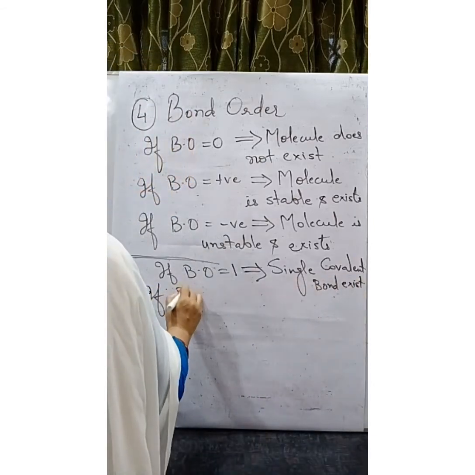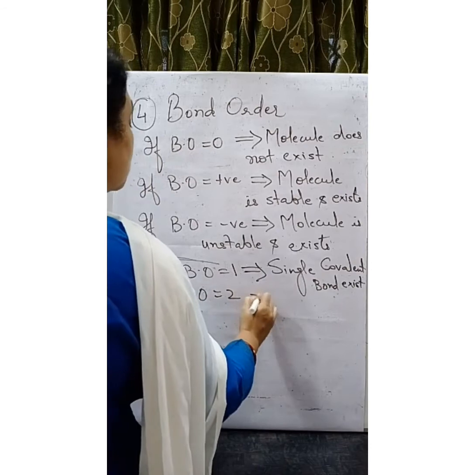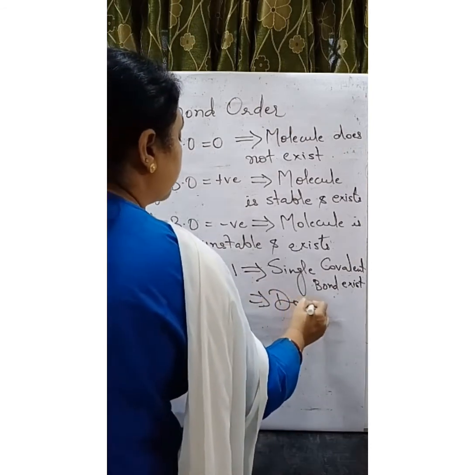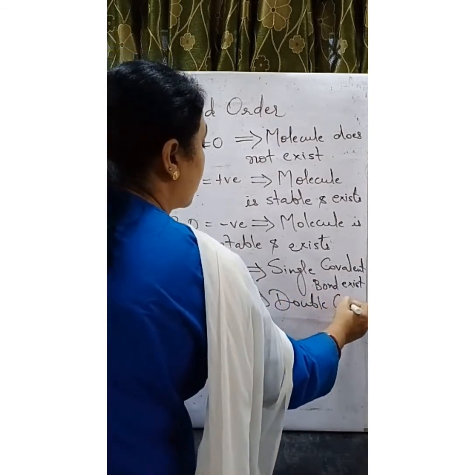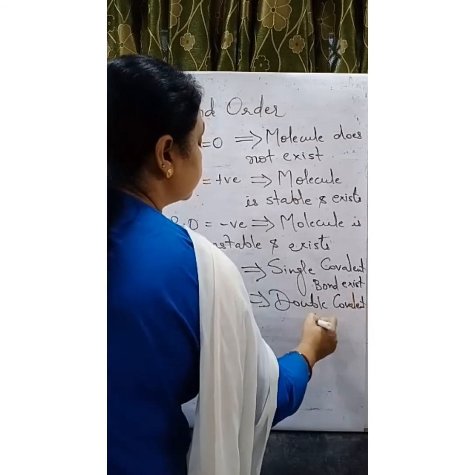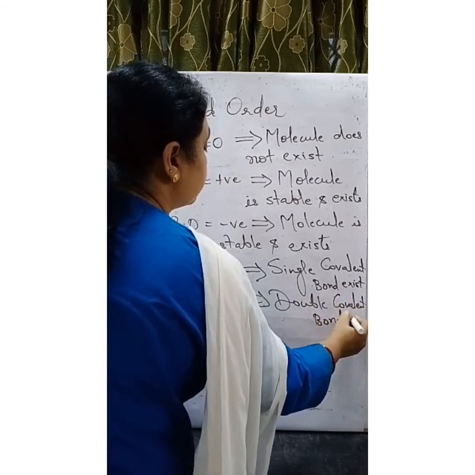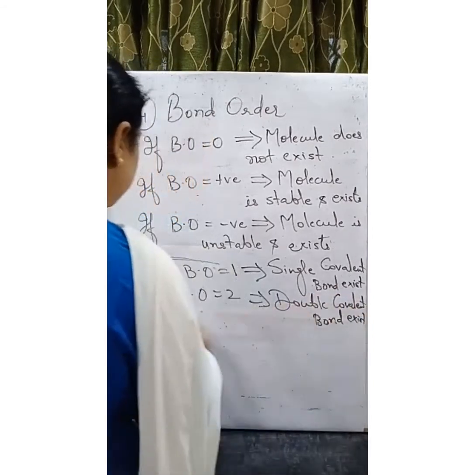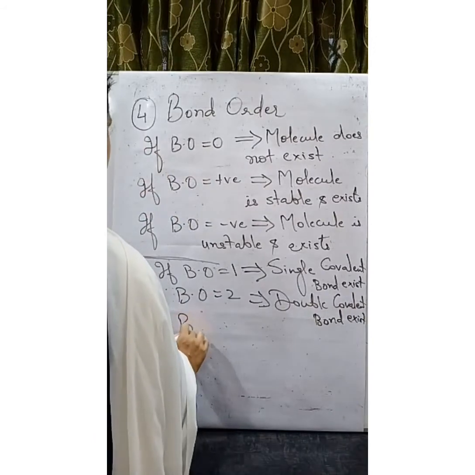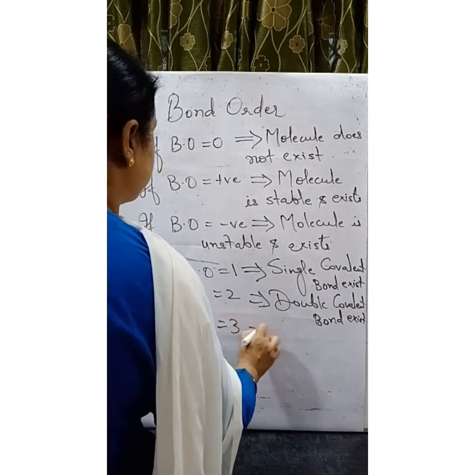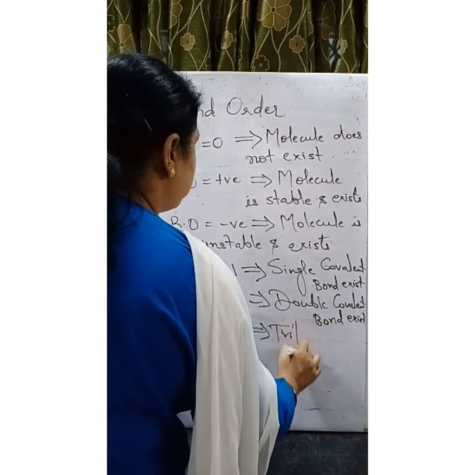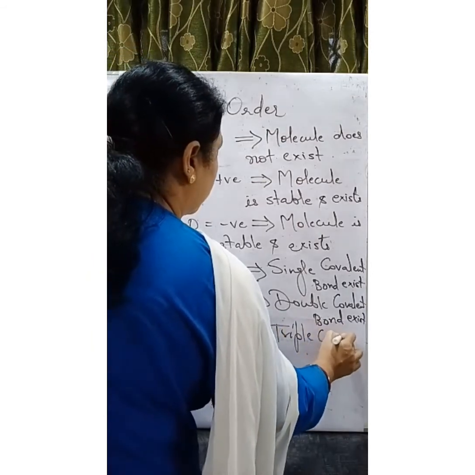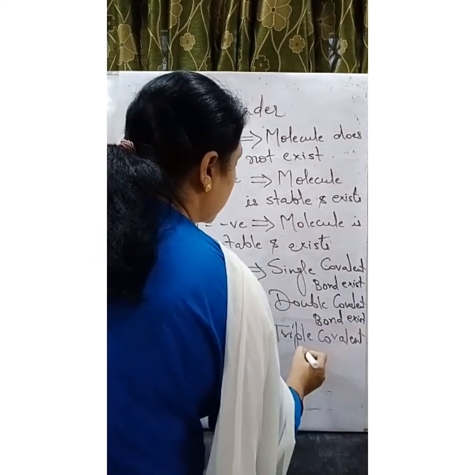If bond order is 2 means double covalent bond exists between the molecule. If bond order is 3 means triple covalent bond exists between the molecules.